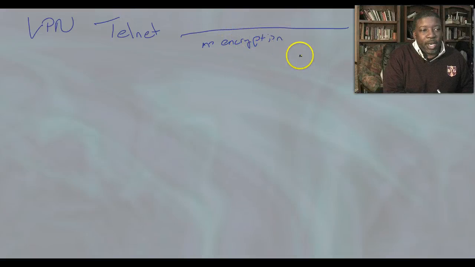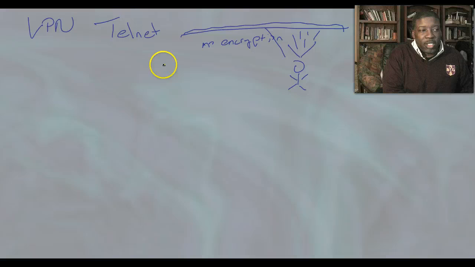And let's just say there's a man in the middle looking at all of this data. First, it lends itself so that a man-in-the-middle attack can take place, but also if there's no encryption, he can see everything. So he has full view of all the data. So that's what was wrong with Telnet.